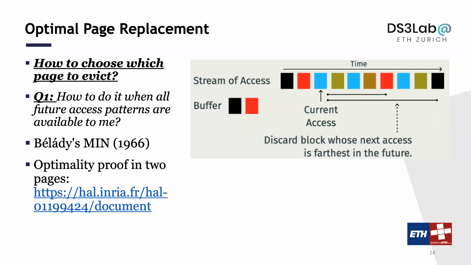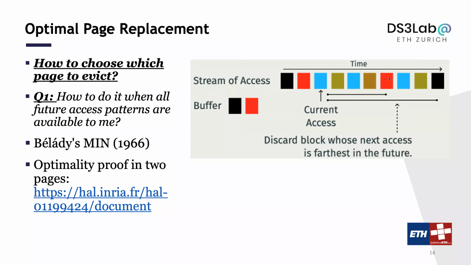So there is an optimal replacement strategy that works as follows. For every single page in the buffer, you calculate how far away in the future you are going to access it again. For example, for the black page, you count 1, 2, 3, 4, 5, 6, 7. So essentially after 7 accesses, you are going to see the black page again. And for the red page, it's 1, 2, 3, 4.